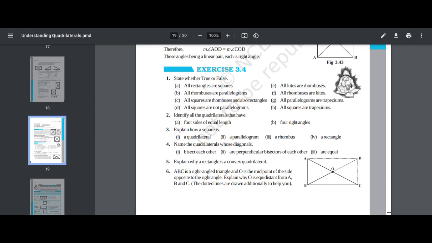Yes. All kites are rhombuses. True. No. Kites do not have all sides of the same length. There is a difference between kites and rhombuses. We learned this in the previous class. So E is a false statement.